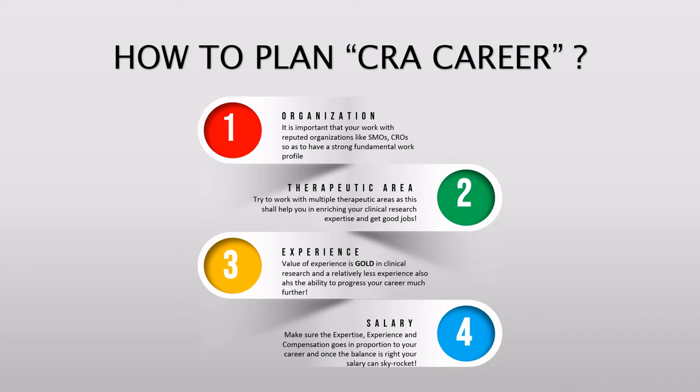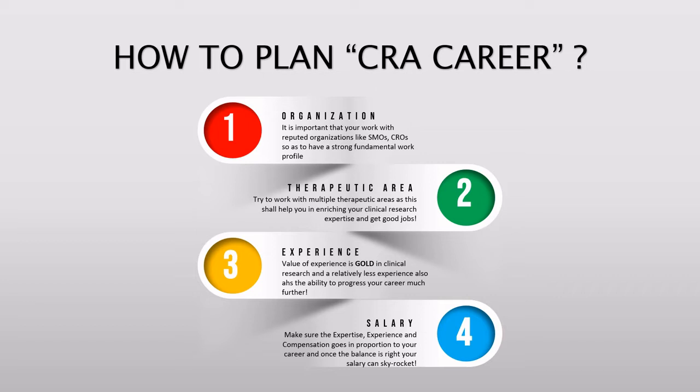Okay, let's talk about how to plan a CRA career, because once you become a CRA, then what next? To plan a CRA career and reach that level of success, you need to consider four important things. The first thing is the organization. When you start as a CRC, it is very important to choose what organization, for example an SMO or a CRO, you are working for, because that organization has to have a strong fundamental work profile.